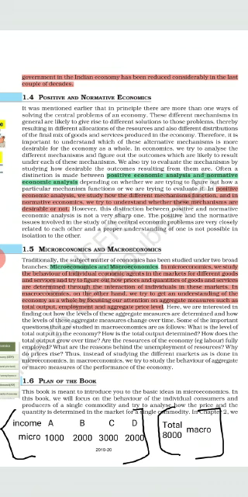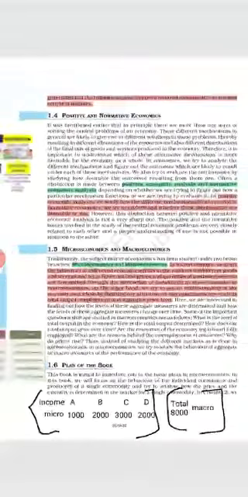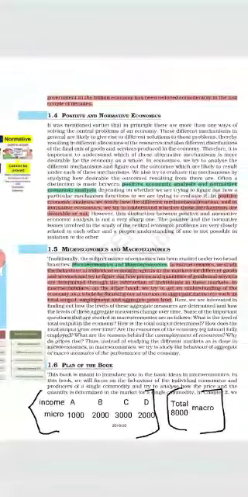When we are studying the income of individuals, that comes under microeconomics, when we are studying the economy at the individual level, like individual income of A 1000, B 2000, C 3000 and D 2000.